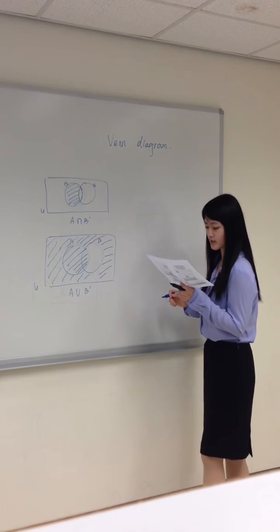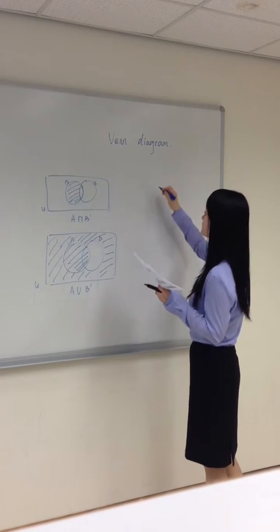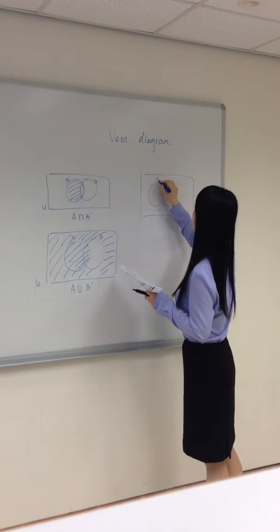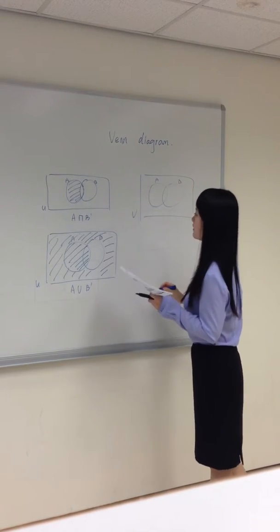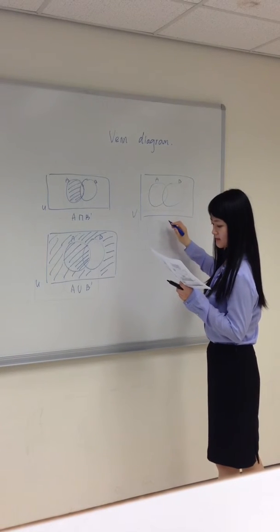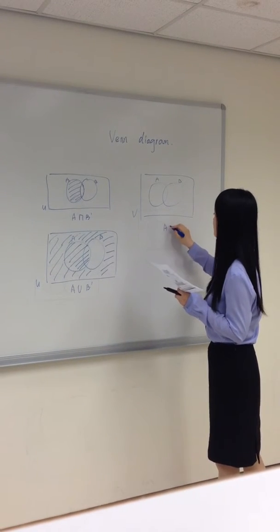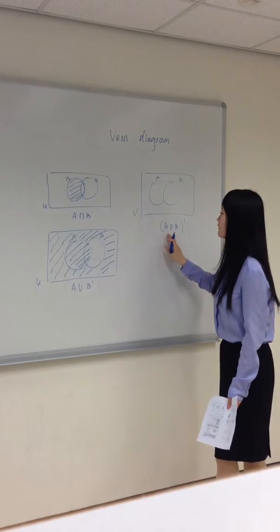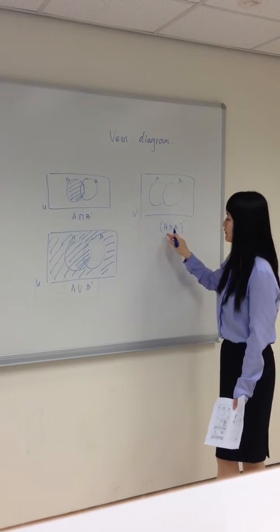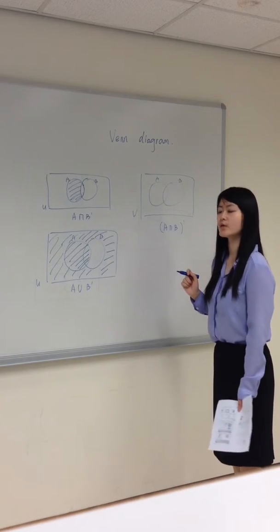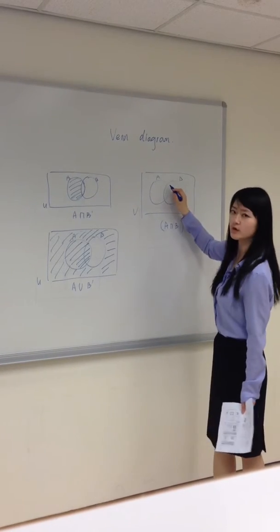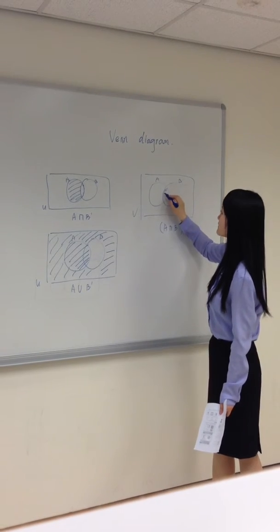Now let's do another intersection set. How to find the complement set of the intersection set of A and B? First of all, we need to find the intersection set of A and B. That is the common area of circle A and circle B. So that's the shaded part.